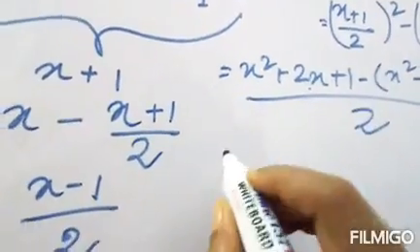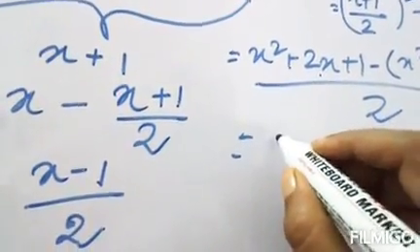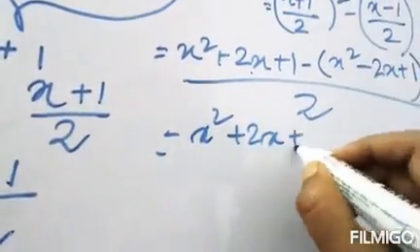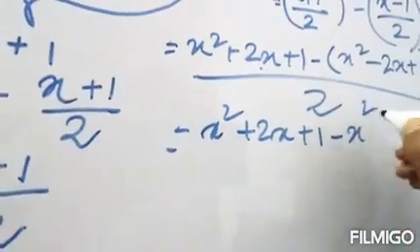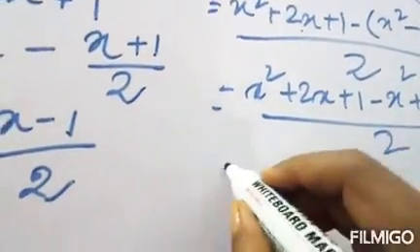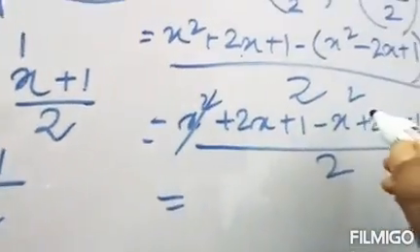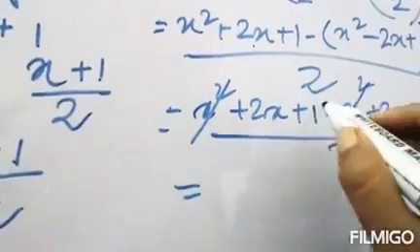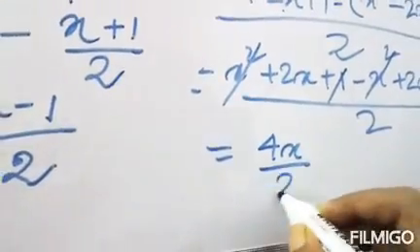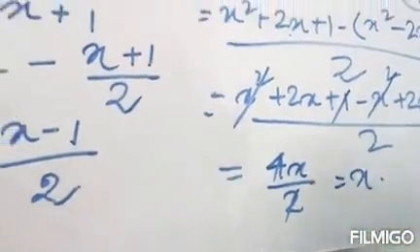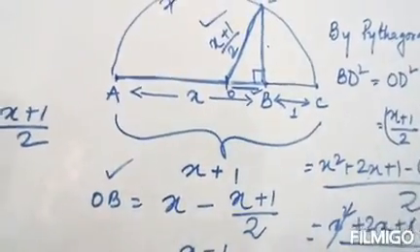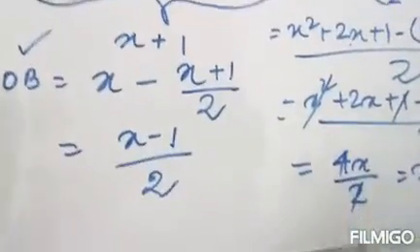It will be (x square plus 2x plus 1 minus x square plus 2x minus 1) by 4, which means 4x by 4, or we can say this is x. So BD square is x. So what will BD be?